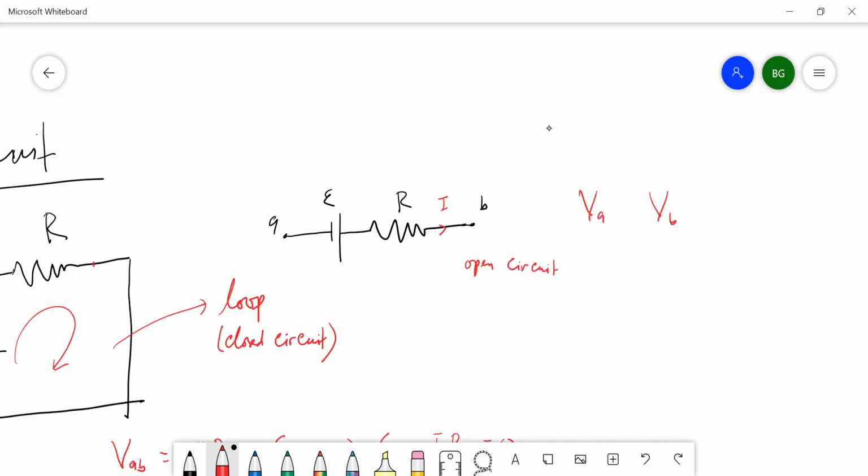Let's see. So the current is through there. The direction of the current is the direction of positive charge.